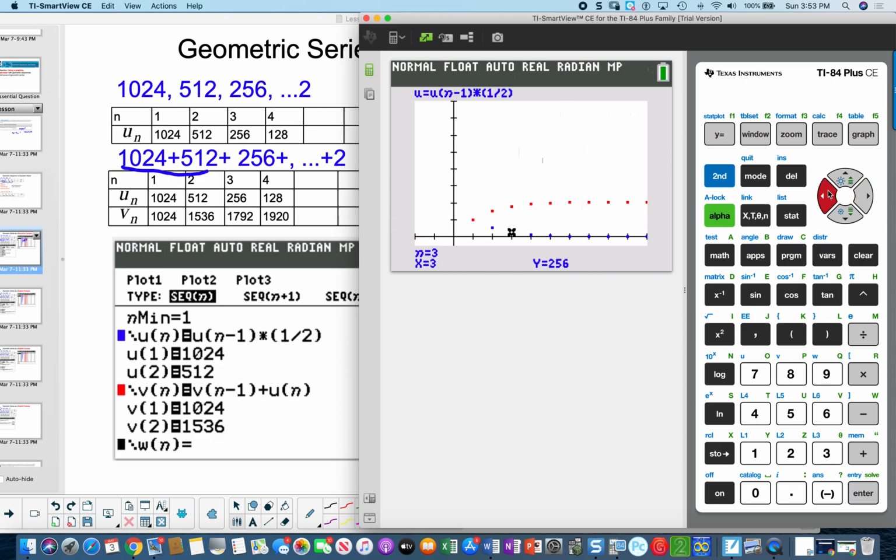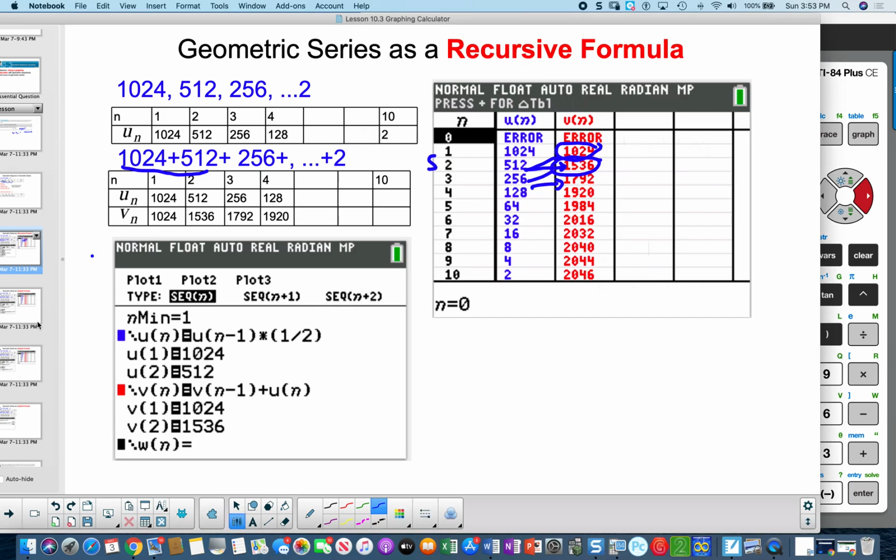Let me go back up, and this time I'm going to go to the series, which is the sum. So the sum is getting bigger and bigger, and pretty soon it looks like it's just leveling off. It's not getting much bigger. It's kind of staying around a certain number there. Okay, so that's how we do it with a recursive formula.